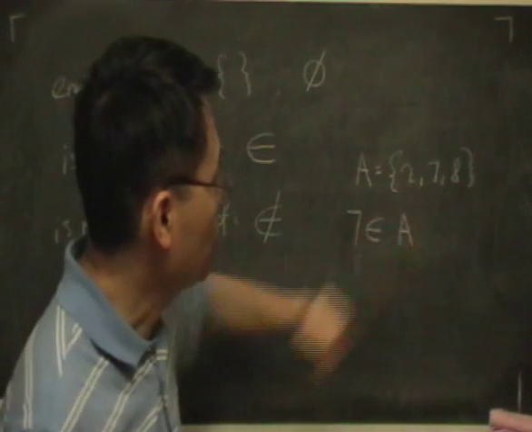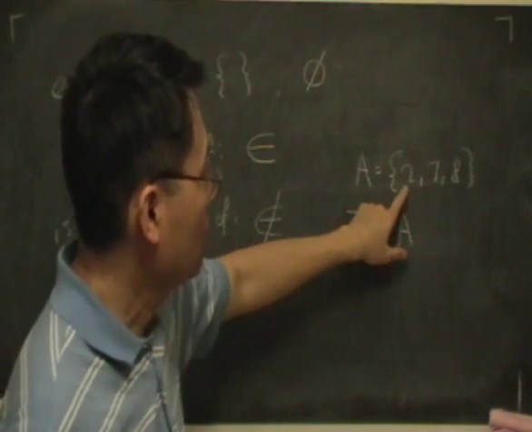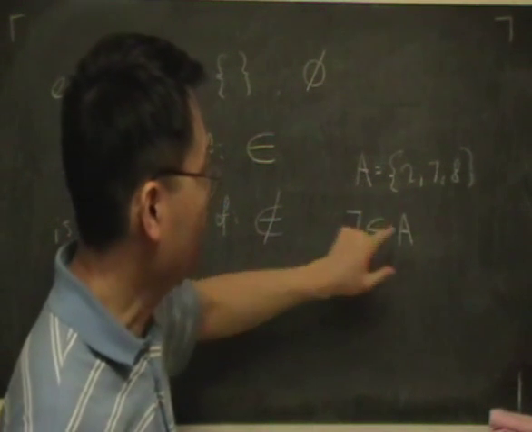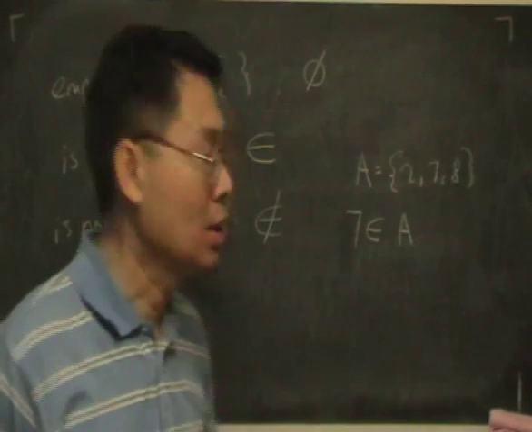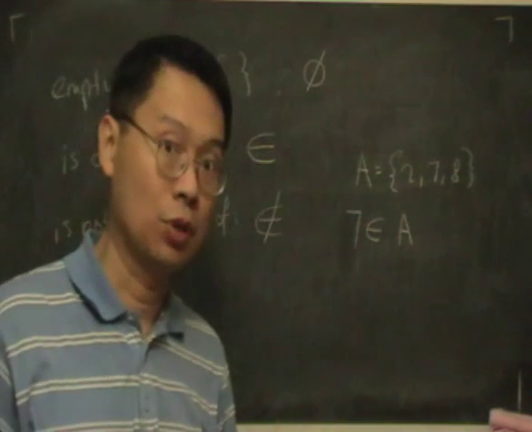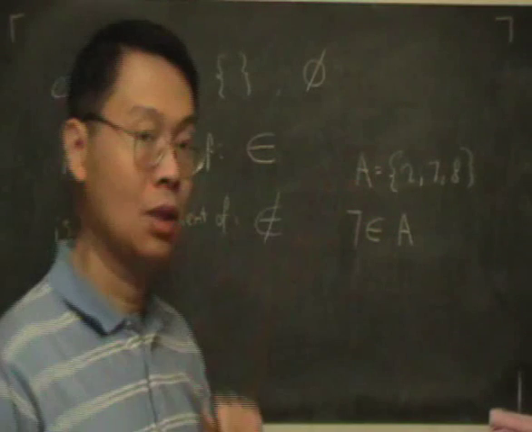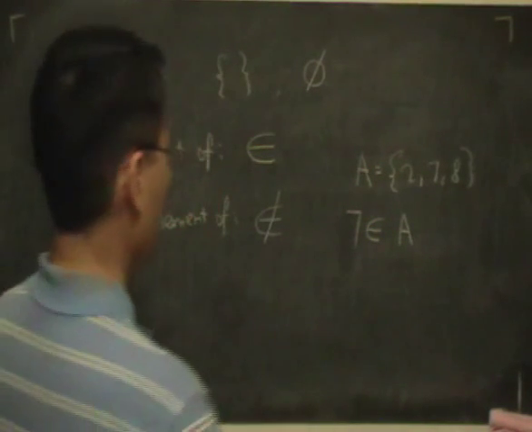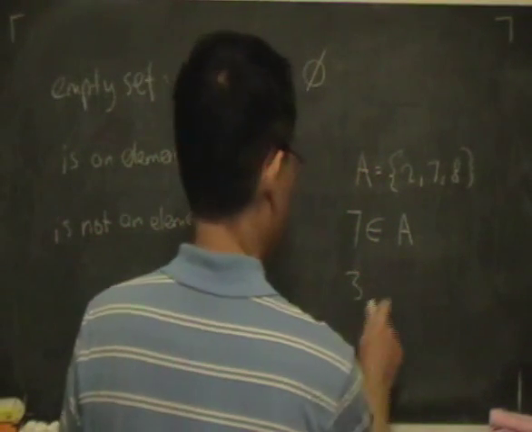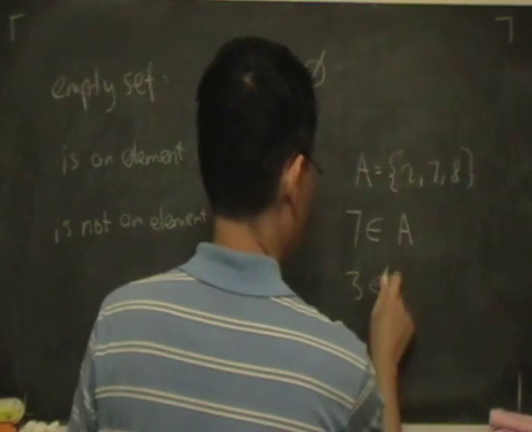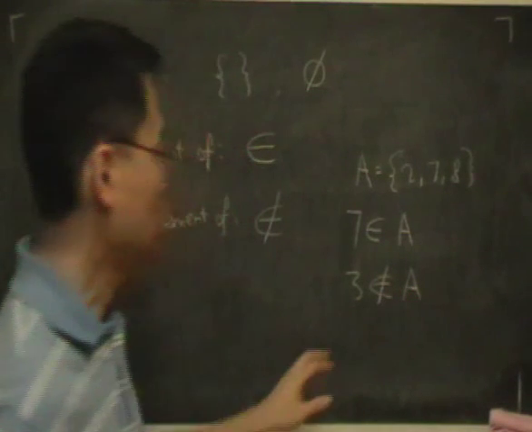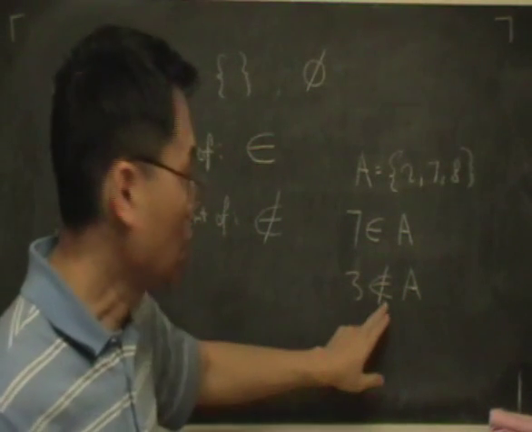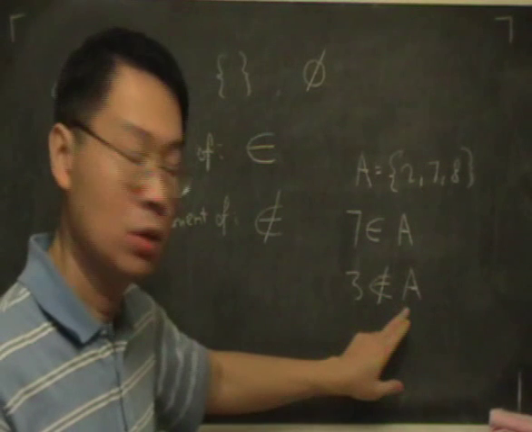So using that example again, this set A only has the elements 2, 7 and 8. So 3, for example, is not an element of A. So I can write 3 with this symbol A. So this means 3 is not an element of A.